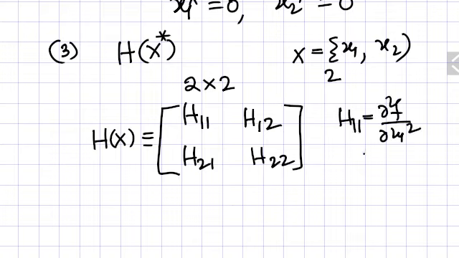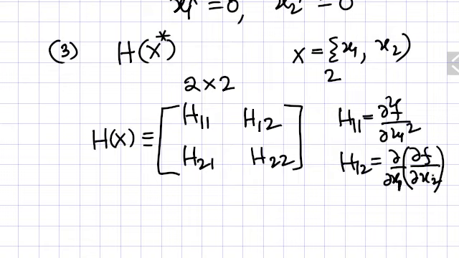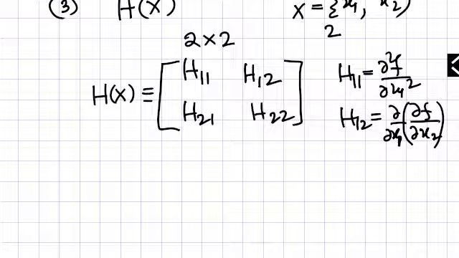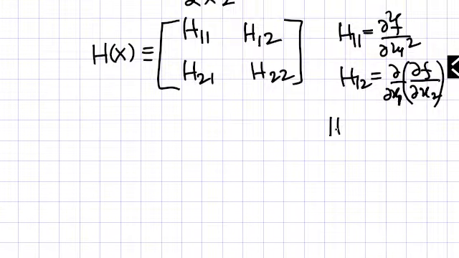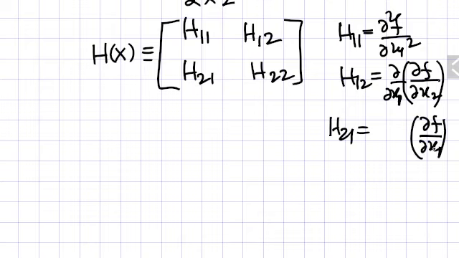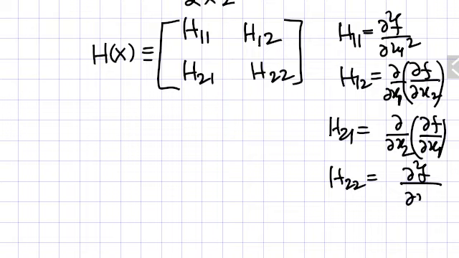I am writing it directly, and H12 will be this, and the same way H21 will be first differentiate it with respect to x1 and now differentiate it with respect to x2, and H22 will be double differentiate f with respect to x2.